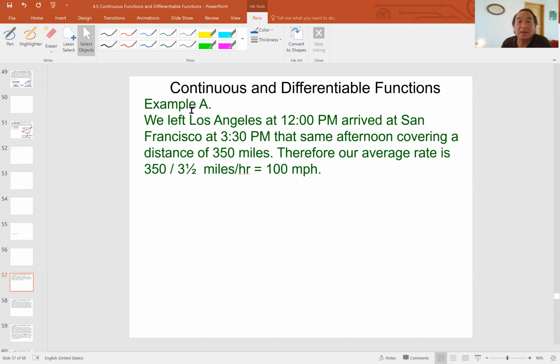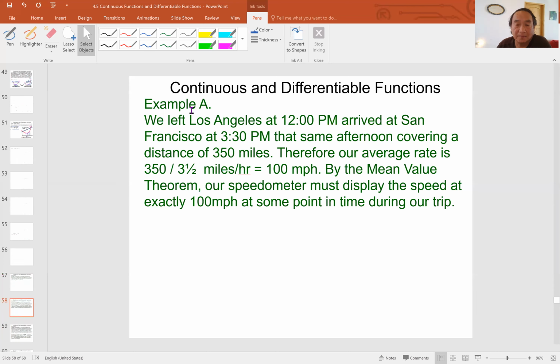Well, it means that somewhere, at some time t between 12 and 3:30, you looked at your speedometer and it must be pointing at exactly 100. You couldn't be driving more than 100 miles an hour all the way, and you couldn't be driving less than 100, because then you wouldn't make it. So sometime your speedometer must be pointing at 100. Kind of obvious.